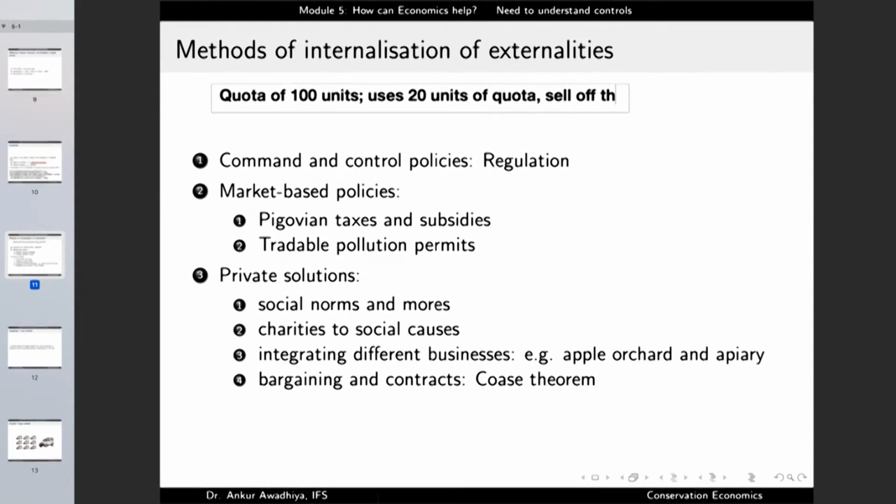Now, who is going to buy these 80 units? There are certain industries for which it is easier to bring down the levels of pollution, such as our industry in question, in which we have a device that is available to reduce the levels of pollution.